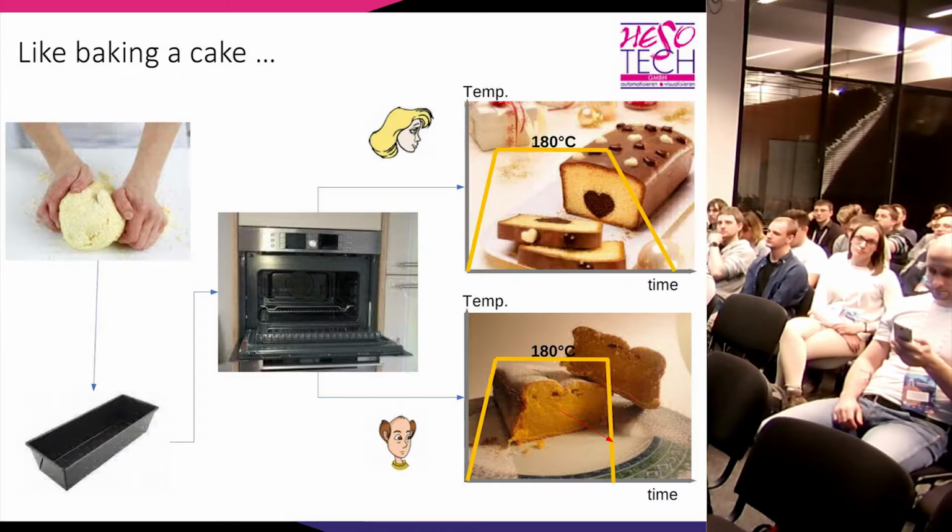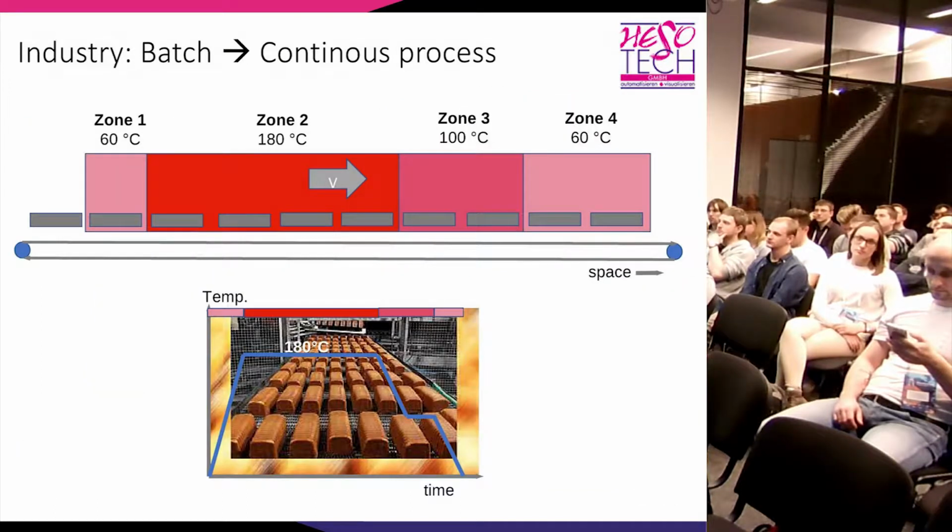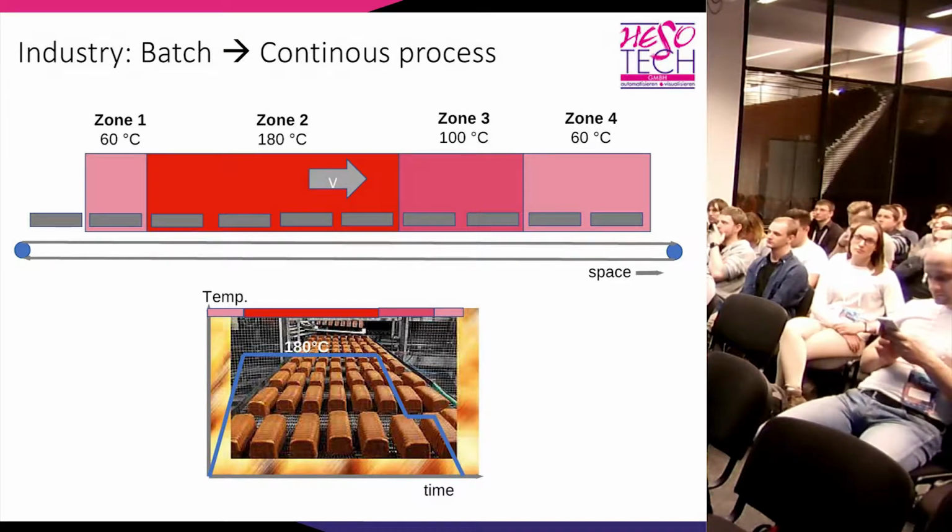So, if you want to do 10,000 per day, you cannot do a batch process. That's impossible. What you have to do is go to a continuous process. You have a conveyor band here, put the cakes on this conveyor, and then transfer it through a very long furnace.